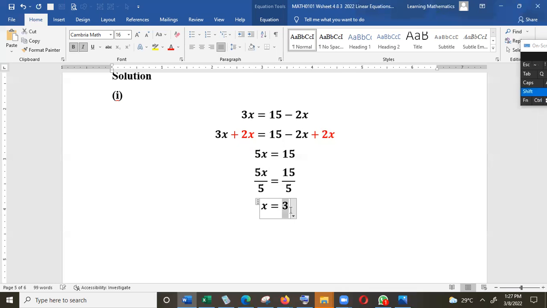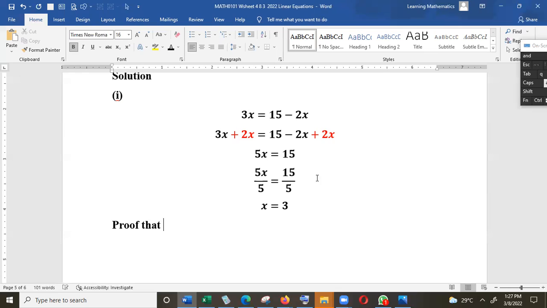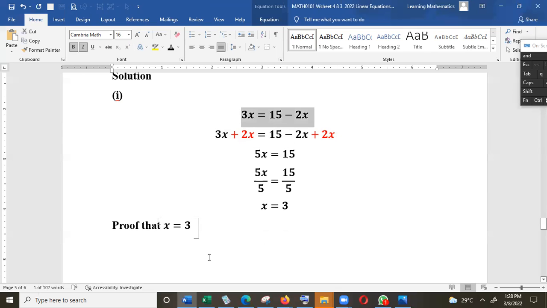So to prove that x is equal to 3, we're going to substitute 3 into the place of x in the original equation to see what happens.